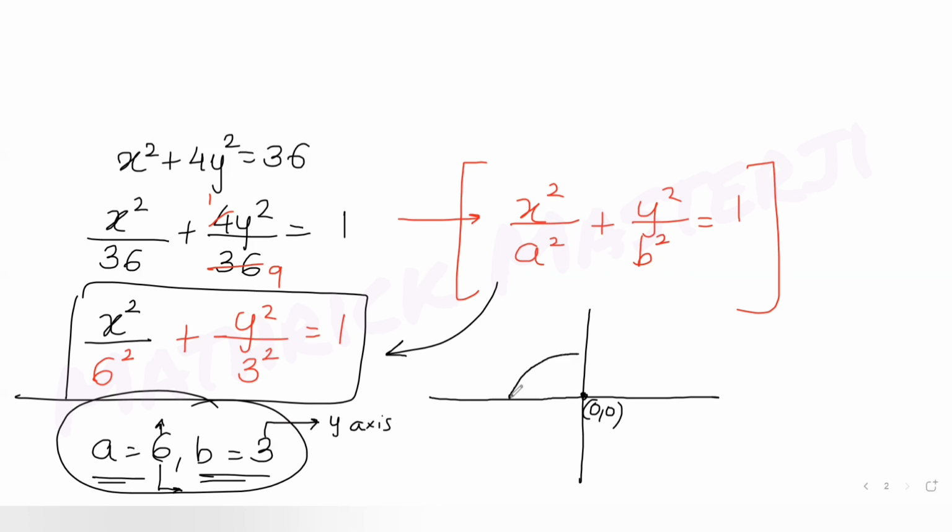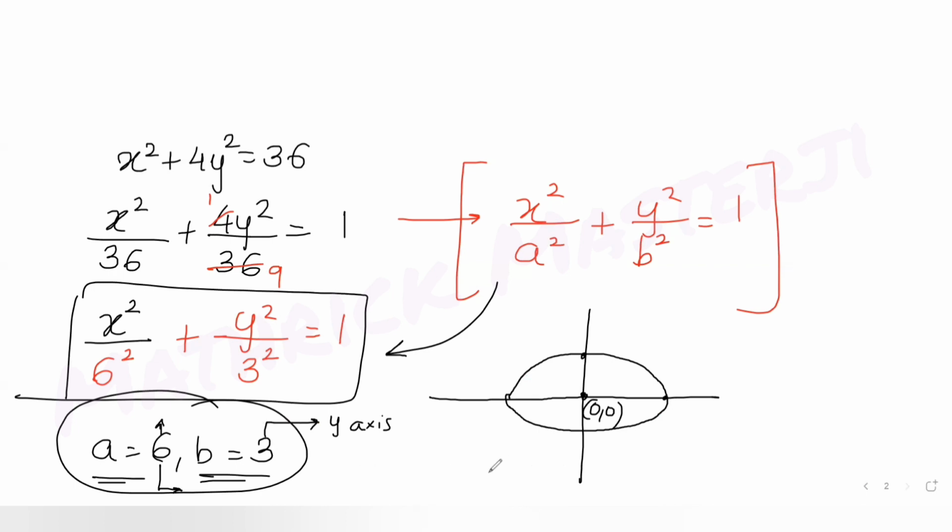So your ellipse would look something like this. The semi-major axis is greater than the semi-minor axis, since along the x-axis you have length 6 and along the y-axis you have 3.